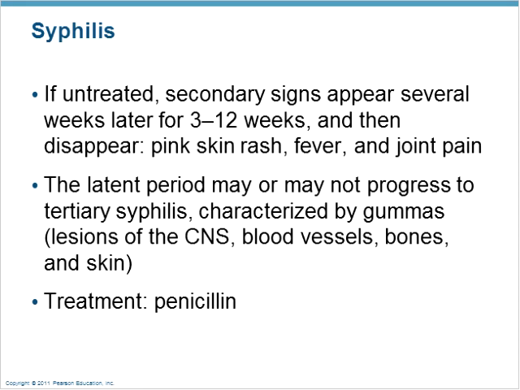If untreated, the secondary signs appear several weeks later, at about 3 to 12 weeks, and then disappear. That can be a pink rash, which can be on the palms and the soles of the feet. It causes fever and joint pain, and the latent period may or may not progress to tertiary syphilis, which is characterized by gummas or lesions of the brain, central nervous system, blood vessels, blood, and skin. The treatment is penicillin.